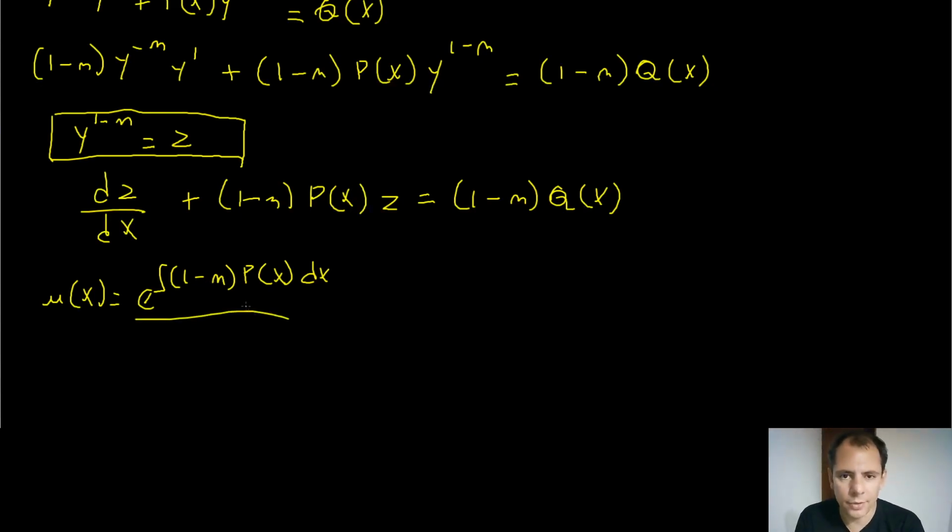This is just a second function. The z is the first function, but the second function is going to be this one. So differentiate this stuff. Well, it's going to be this stuff again, because e to the anything being differentiated is e to the anything, times the derivative of this.